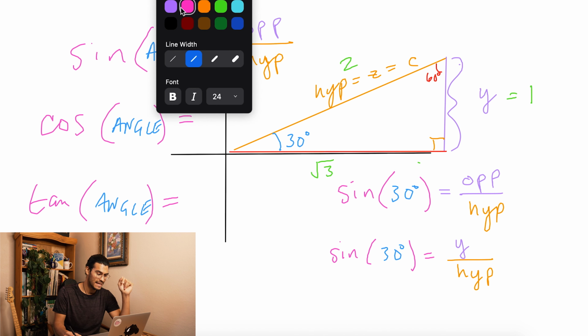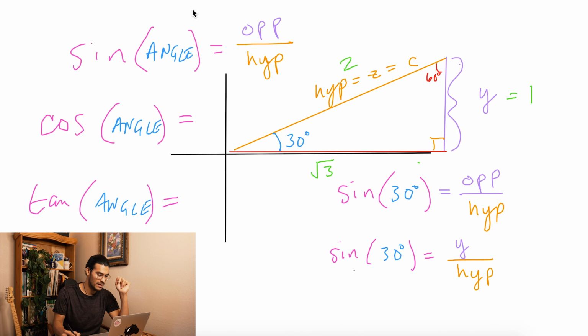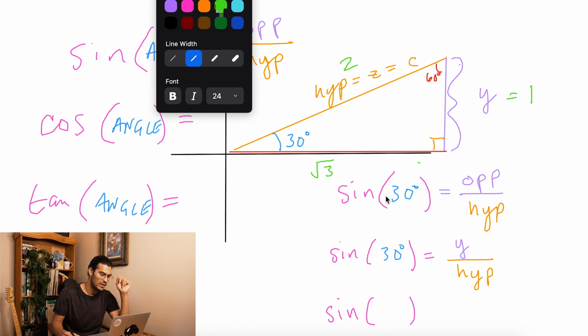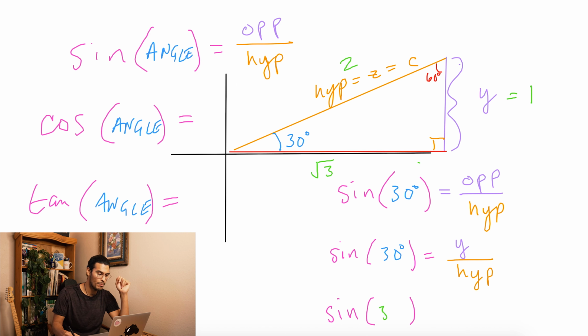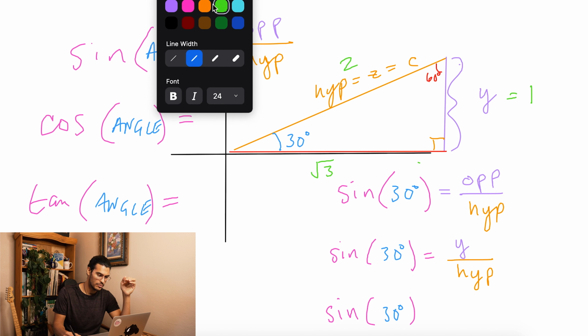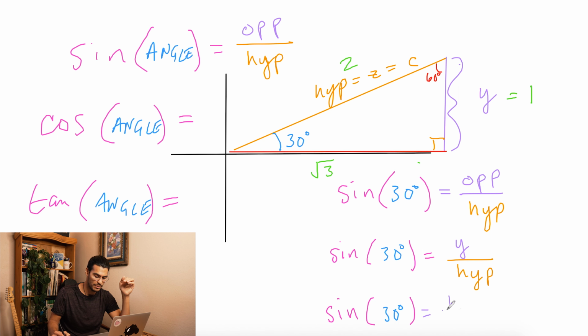So actually, if we're looking at the sine of 30 degrees, we know that no matter how big this triangle is, the triangle always works in ratios. So we know that this opposite over hypotenuse is always going to have to be 1 over 2.